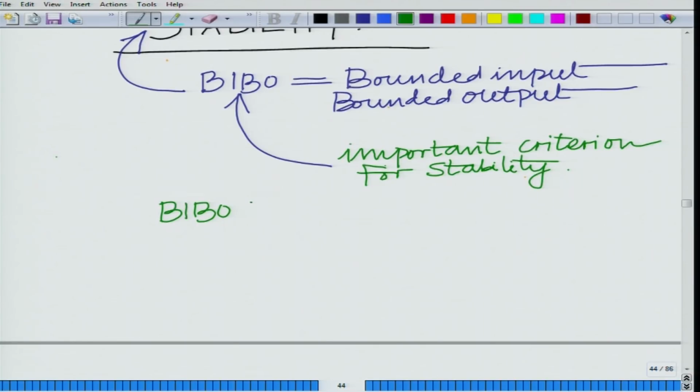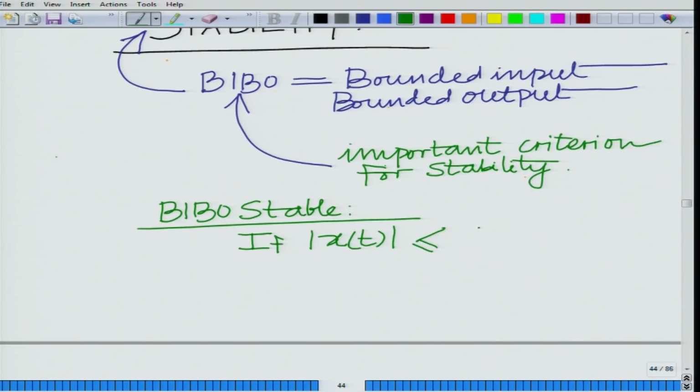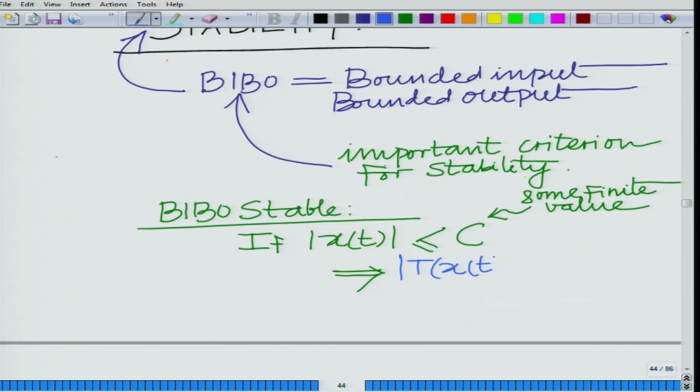We say the system is BIBO stable if the input is bounded, that is, magnitude of x of t is less than or equal to c, where c is some finite value, then this implies that the system output, for all t, must be less than or equal to some other constant k also for all t.